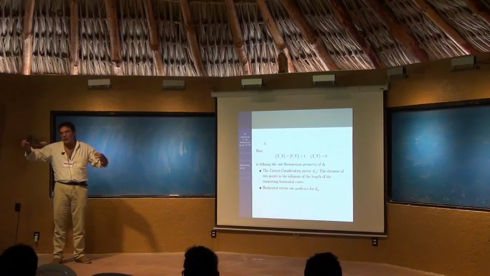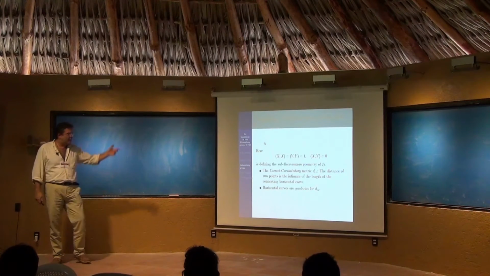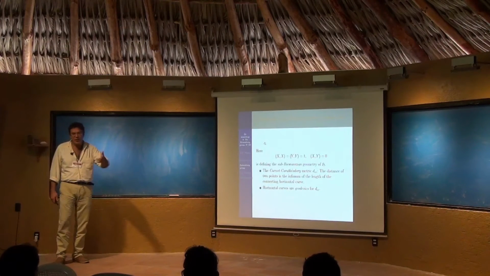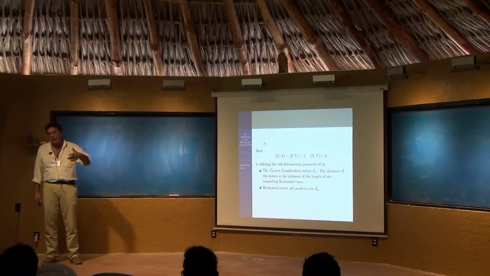When you have two points, can you find a horizontal curve joining them? The answer is yes. And the roots of this, believe it or not, go back something like 100 years, to when people were trying to understand the laws of thermodynamics.